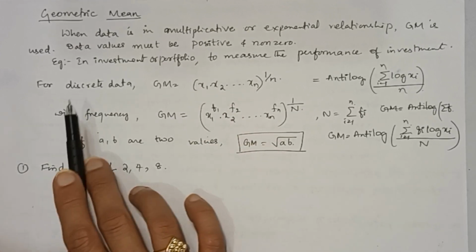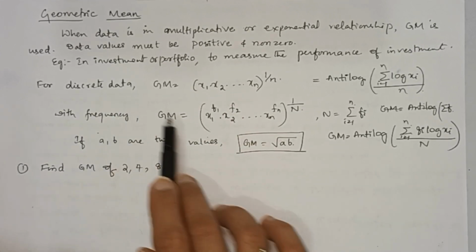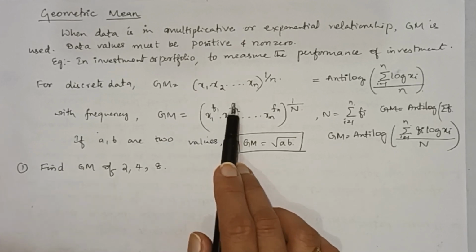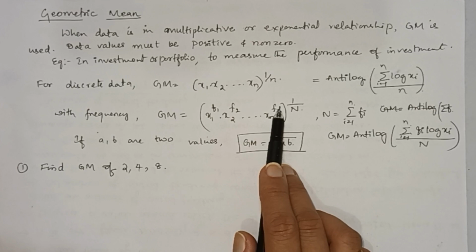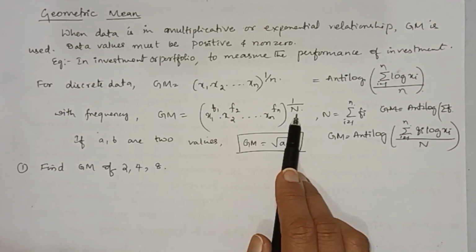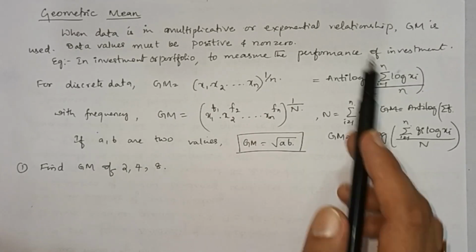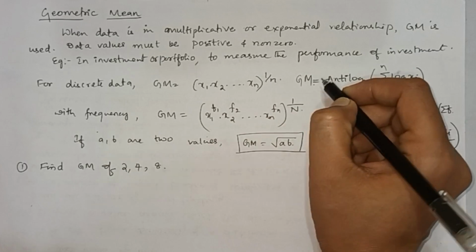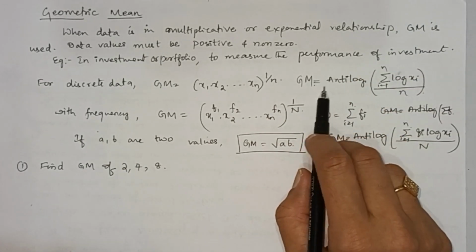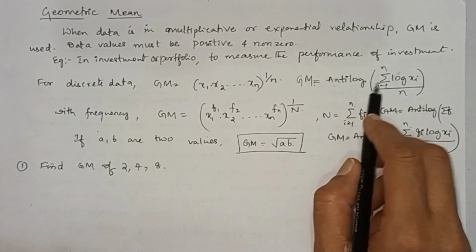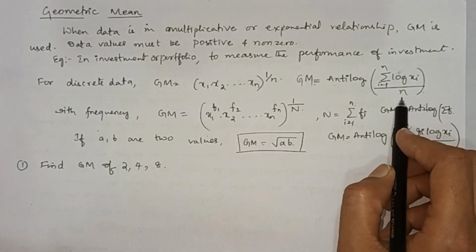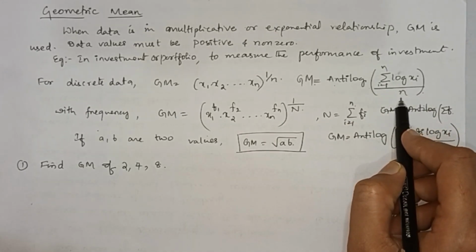If you have discrete data with frequency, then the geometric mean equals (x1 power f1 into x2 power f2, and so on up to xn power fn) to the power 1 by n, where n is the sum of frequencies, the total frequency. The same formula can be written in terms of antilog: geometric mean equals antilog of the summation of log of xi divided by the number of observations, n.